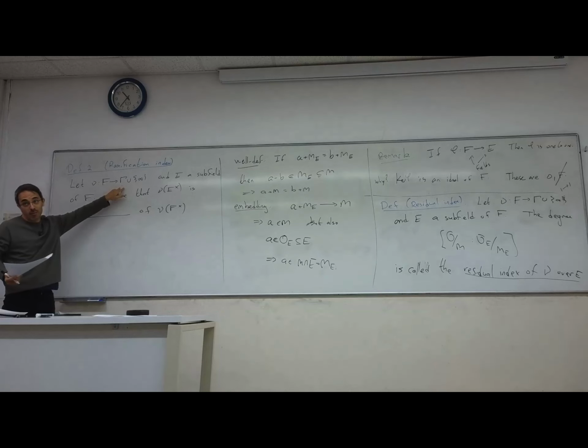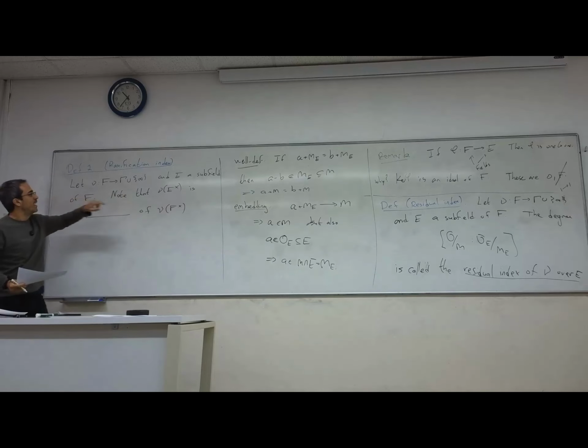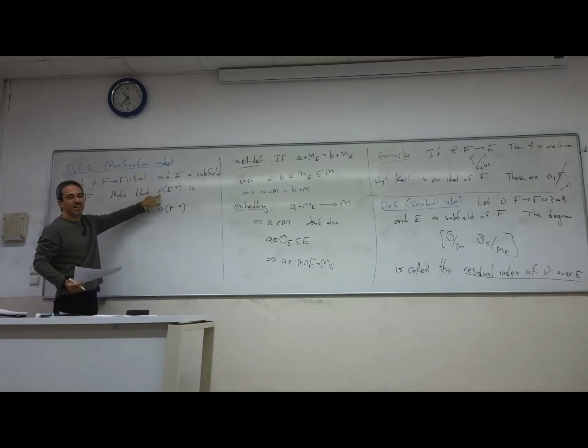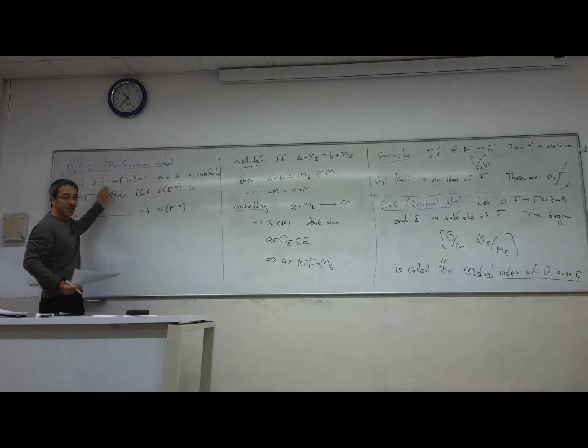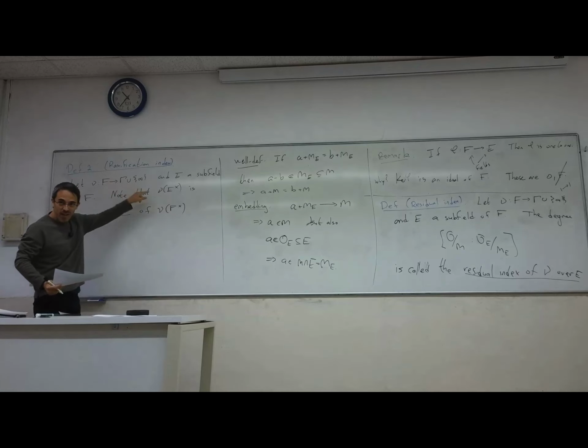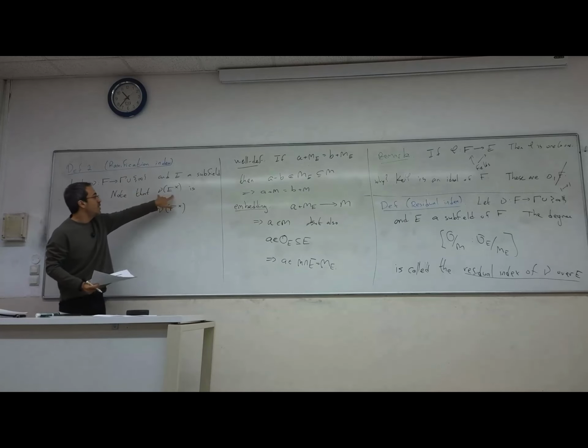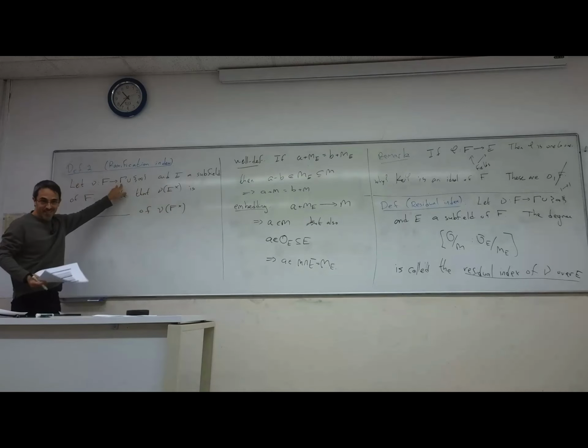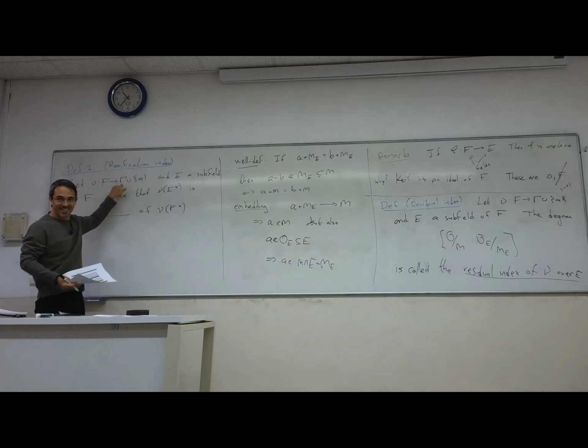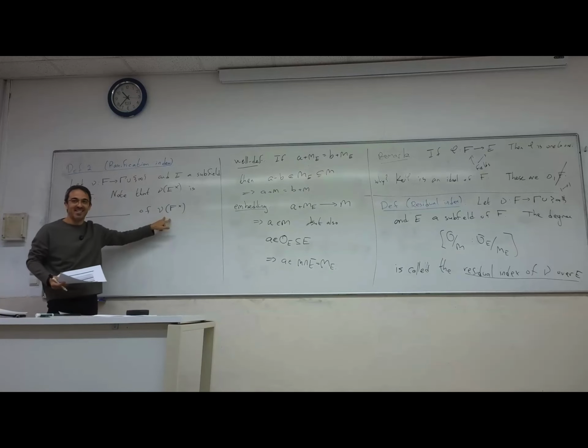It could be a subgroup of that. And then when you restrict yourself to E, where only 0 goes to infinity, the image is also going to be a subgroup of that.